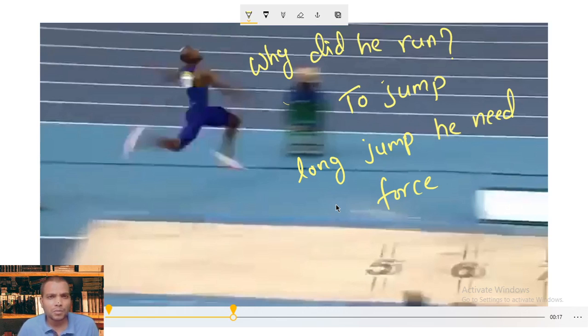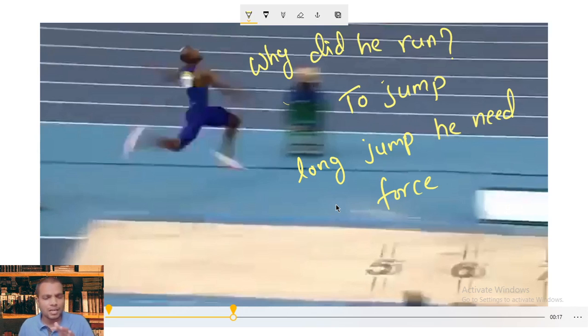Did anybody push him? No. No external force was applied. Somebody did not come and push him from behind. So he ran a certain distance, and he ran very fast, in accelerated motion.